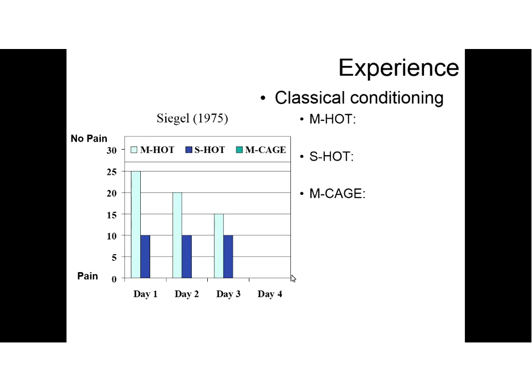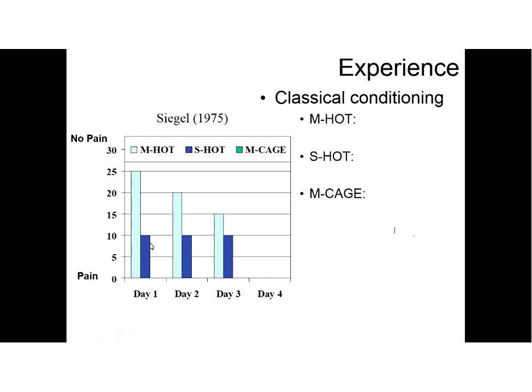Basically, you can set up a room that is dark and quiet, but maybe smells like vanilla or lemon. That creates a context. You would take these rats into that room, inject them with morphine, and then put them on the hot plate and look at how they responded.